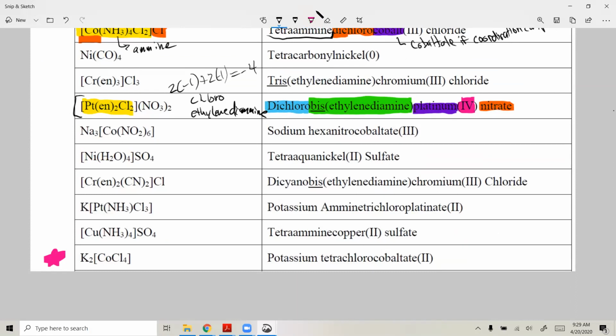So for our K2CoCl4, which one are we going to start off with for our name? Potassium, right? Always with the cations. So we start with our potassium first, and then we're going to go into our metal coordination complex this time. Now, do we need to do anything about alphabetical order for our ligands, or do we only have one option?